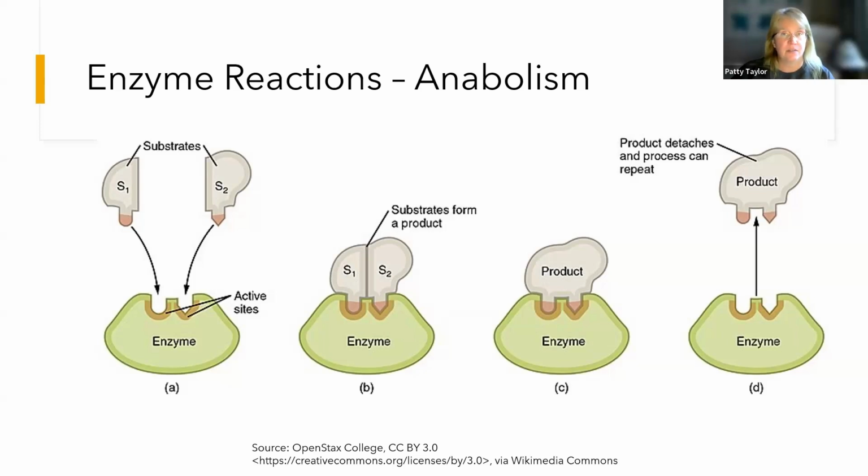So this is classically an anabolic reaction, or anabolism. We have monomers joining to create a polymer. And the enzyme helps to catalyze that reaction by bringing those two substrates together. It helped to speed up this chemical reaction. So left by themselves, it may take a lot longer and a whole lot more input of energy for those substrates to become joined together and chemically bonded.